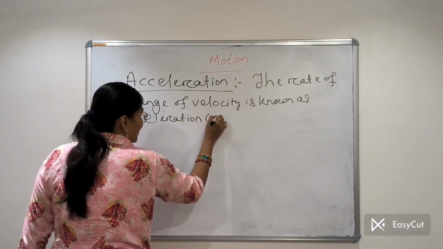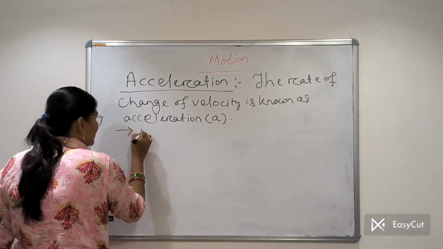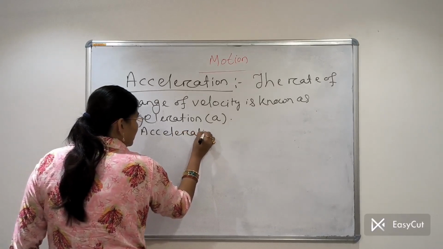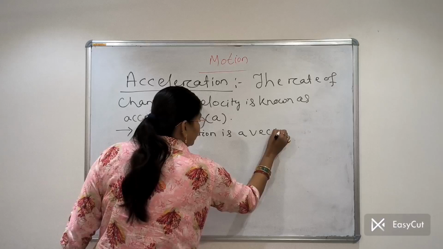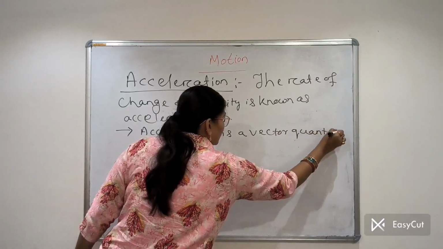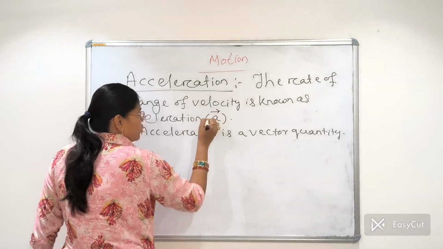It is represented by small a. Since velocity is a vector quantity, acceleration is also a vector quantity. And vector quantities are represented by an arrow.